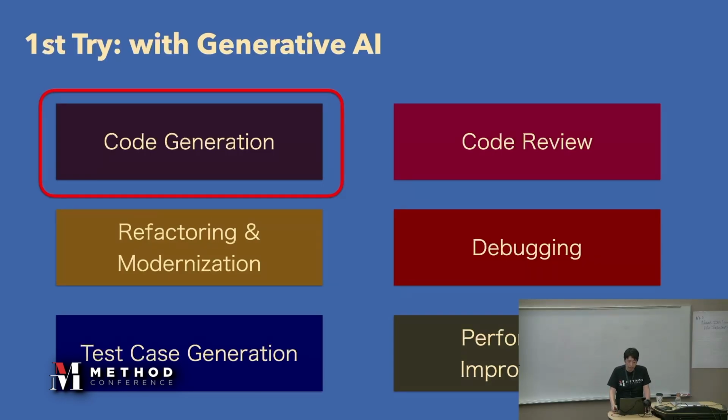My first try is how to generate our code using generative AI. Sometimes to develop mobile apps, we have to write a lot of source code, but it takes a lot of time. But with generative AI, we can increase our development speed.